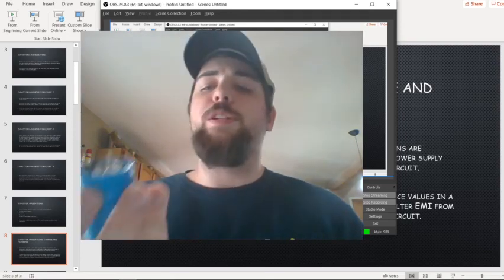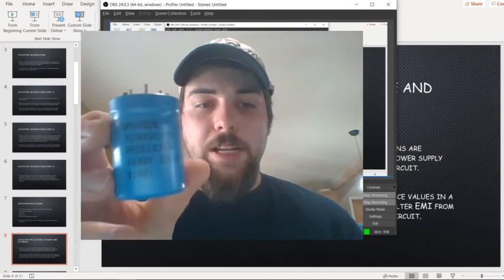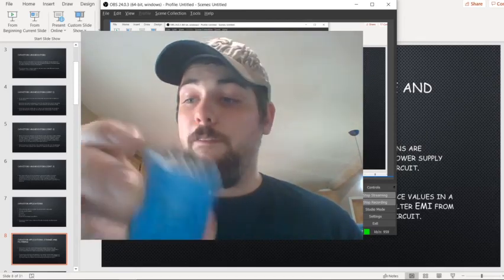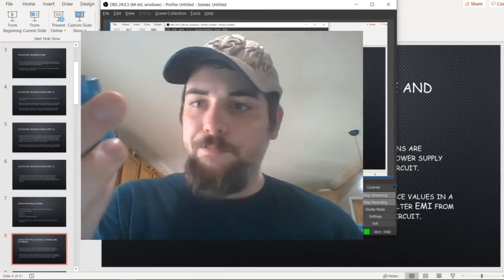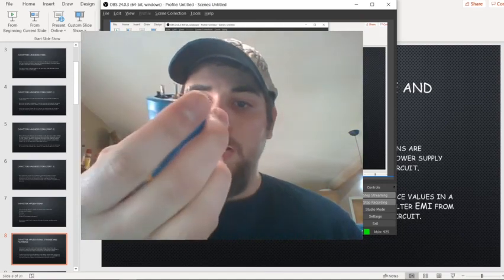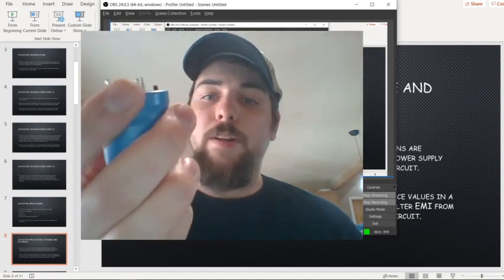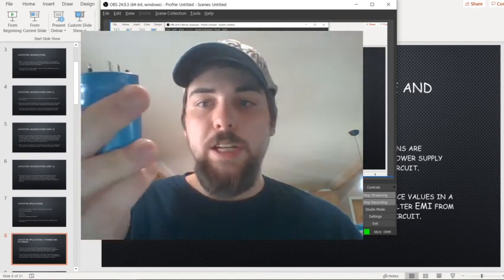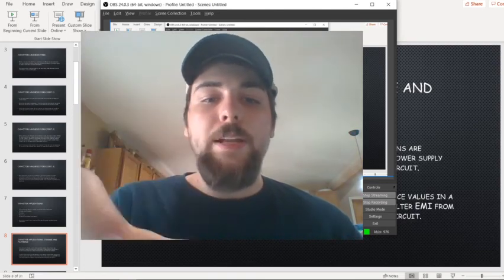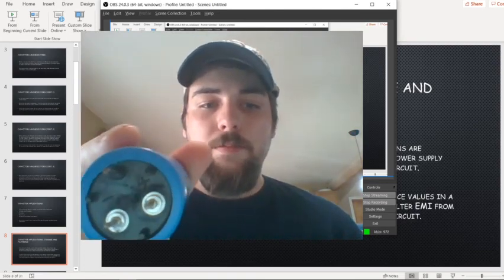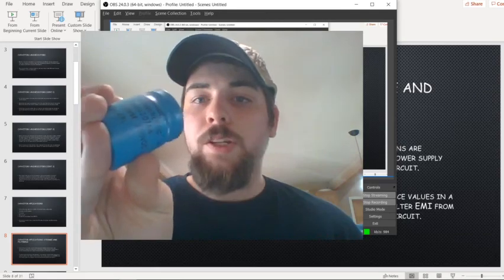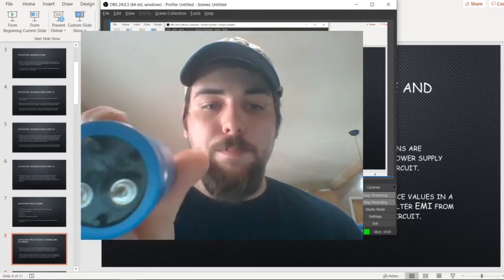Now, this is also a Sprague capacitor. This is a Sprague that I took out of my oscilloscope, actually, my Tek 2440. This is a 640 microfarad, 200 working volts DC capacitor, and it's got 3 pins. Now, this is polarized. If you notice on the bottom, it's plus and minus.